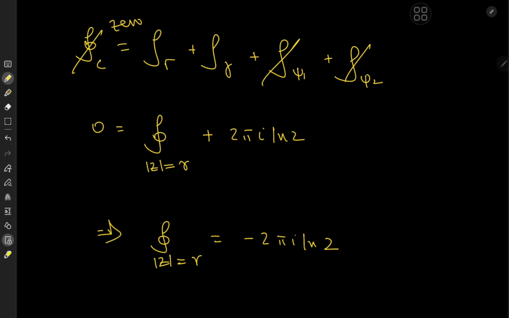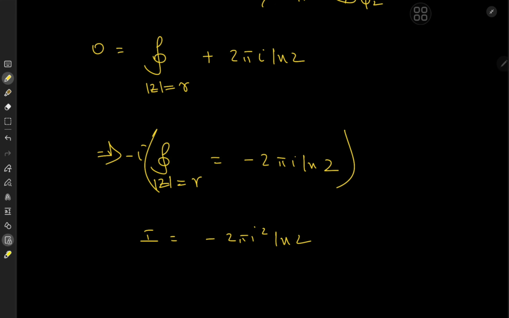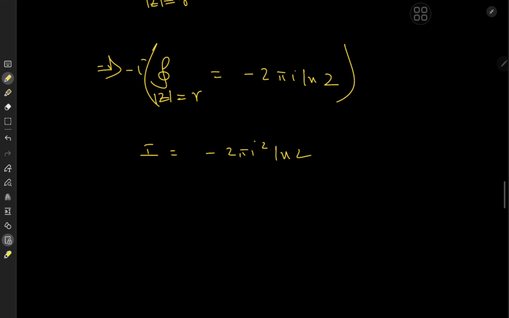But now to get the target integral, we'll multiply by negative i. Much better. So that means we have the target integral equal to negative 2 pi i squared log 2. i squared is negative 1.